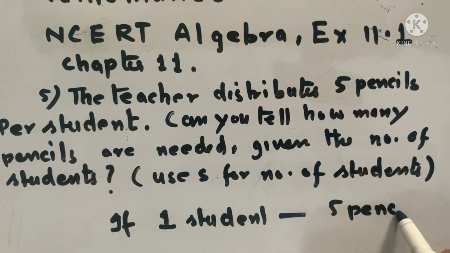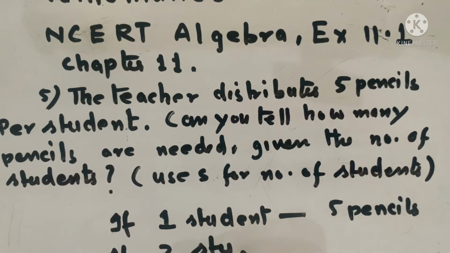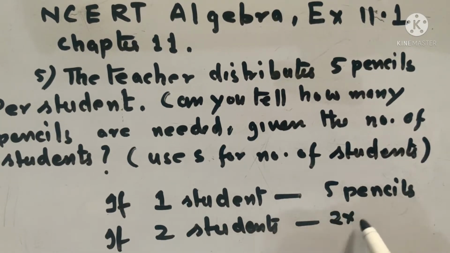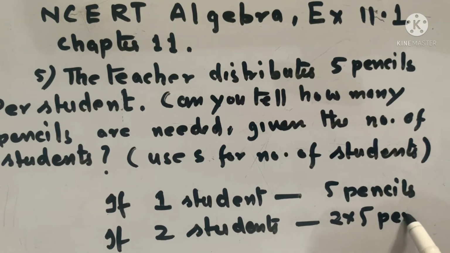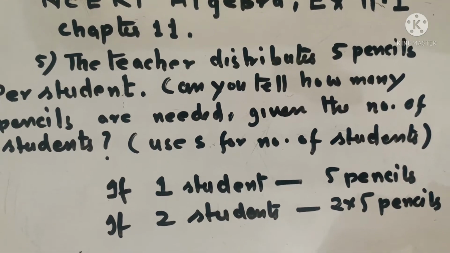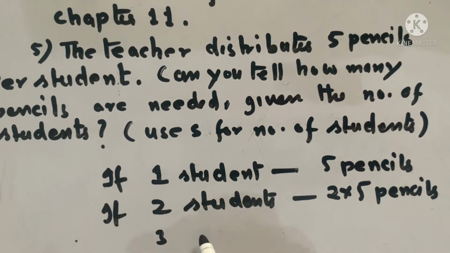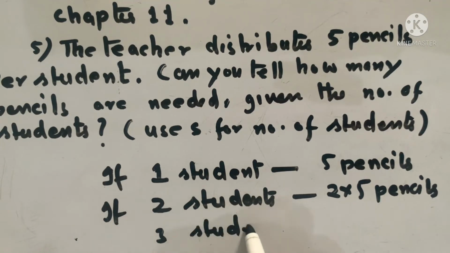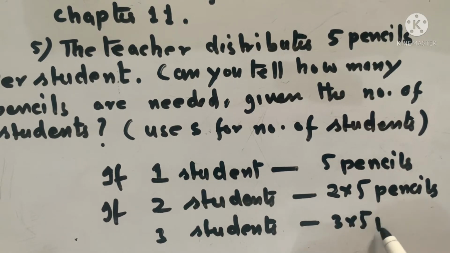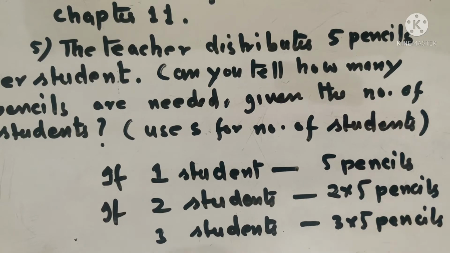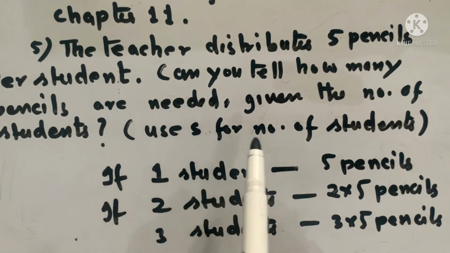If two students, then 2 into 5 pencils will be required. Similarly, if 3 students, then 3 into 5 pencils will be required. Now it is given to use S for the number of students.